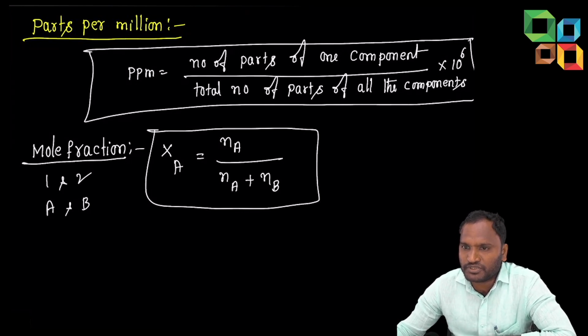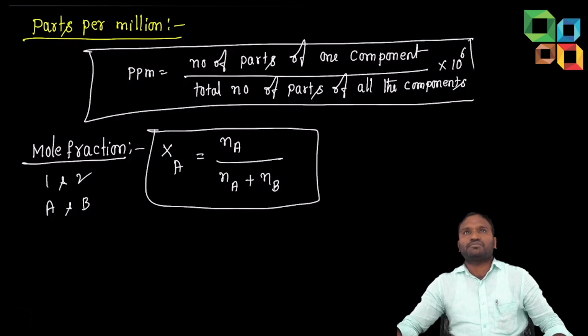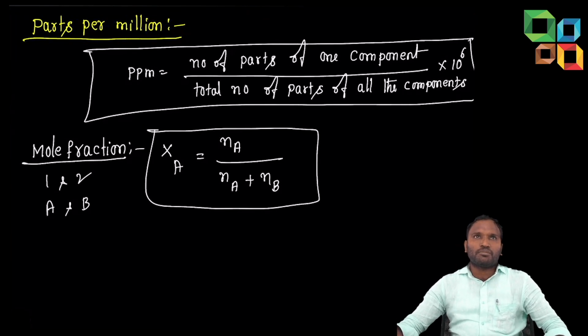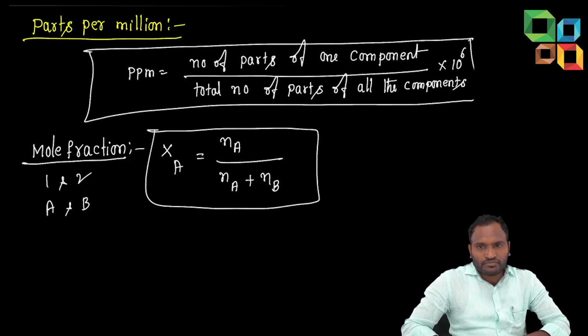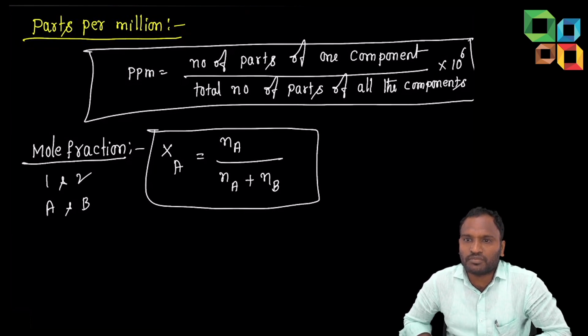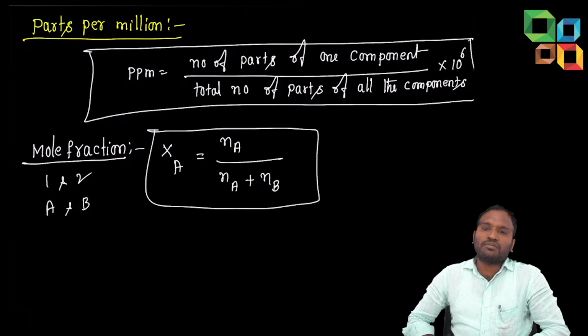If you want to write the definition, it is the ratio of the number of moles of one component to the total number of moles of all the components.